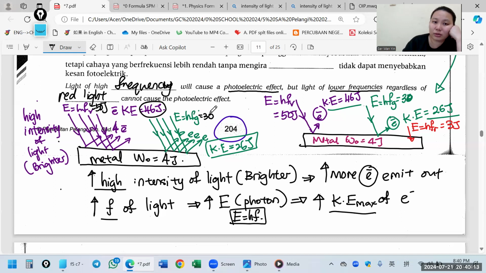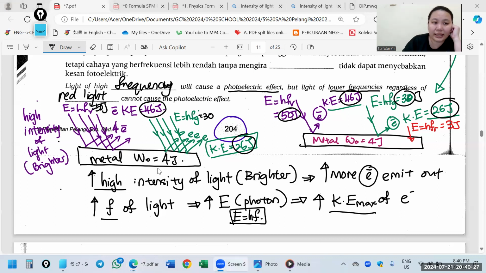Lower photon energy means lower kinetic energy. Since the work function is fixed, it depends on intensity and frequency.